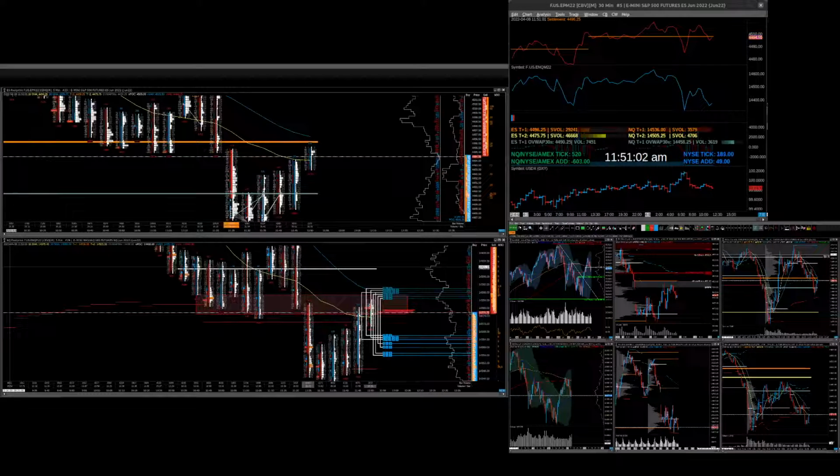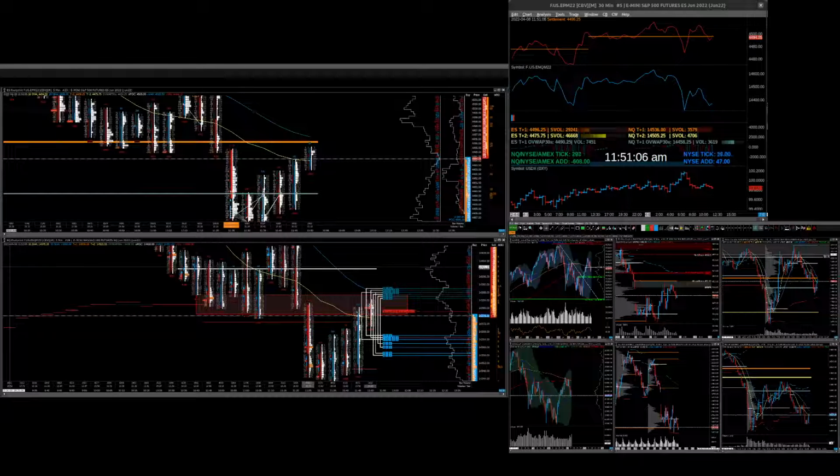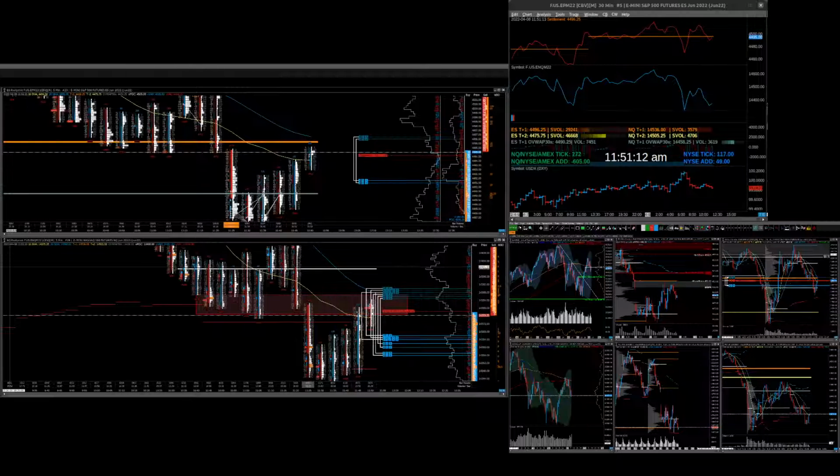Oh, well. Let's see if we come back down now. Let's see if we can get in on the E-mini a little bit too. There you go. Just a little bit of an adjustment.